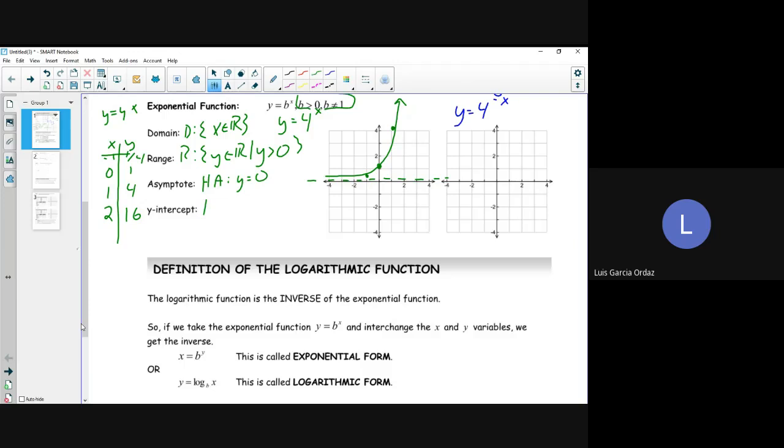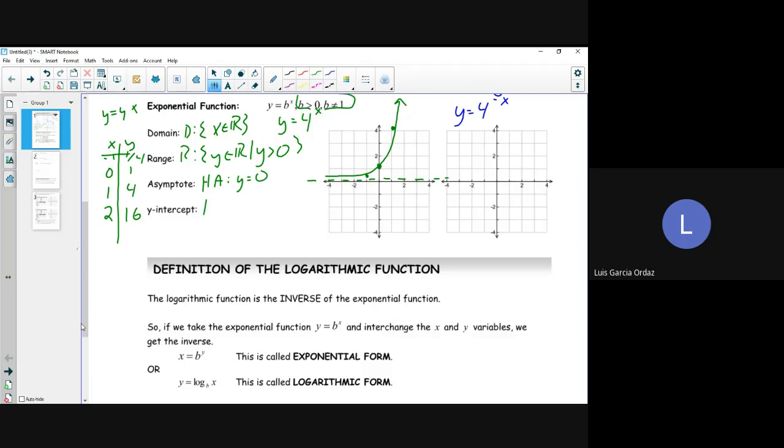Think about your transformations from the polynomial unit. Okay, decreasing, that is technically correct. But what kind of transformation do we have?